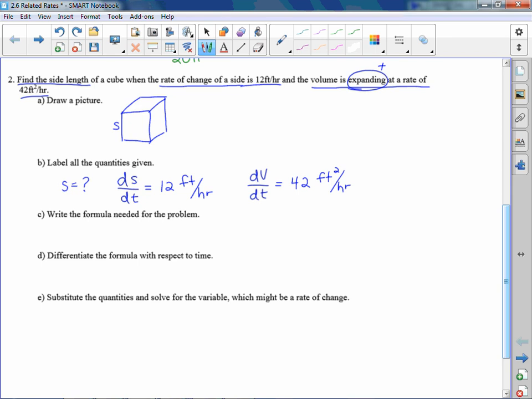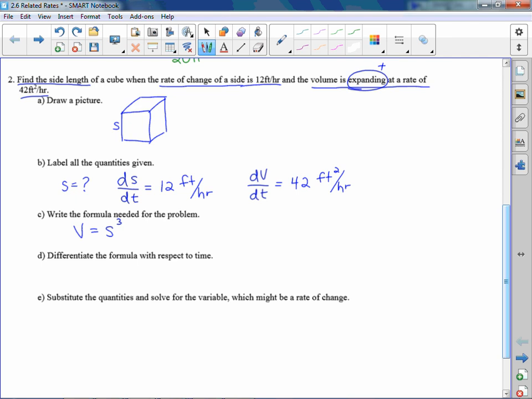All right, let's write the formula that we need for this problem. Well, we're discussing the cube's volume, so we need the volume of a cube. Volume is going to be equal to length times width times height. They're all the same, so S times S times S is S cubed.